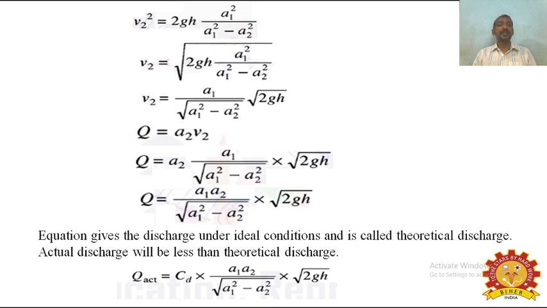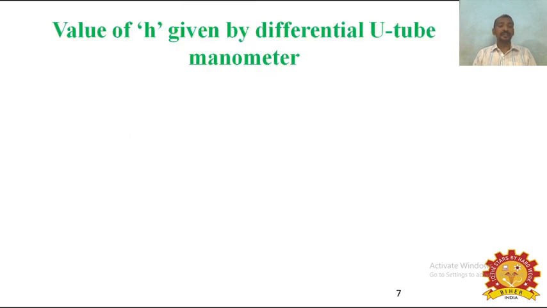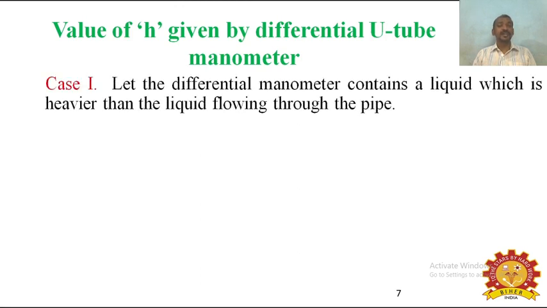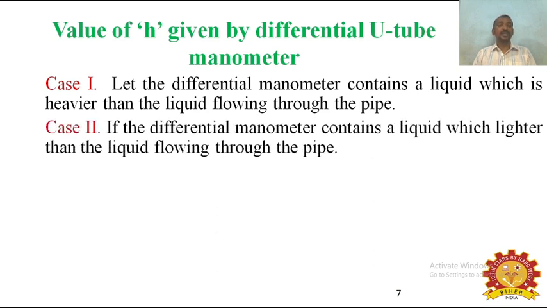It has 4 conditions: case 1, case 2, case 3 and case 4. All the conditions are different. First we discuss case 1: the differential manometer contains a liquid which is heavier than the liquid flowing through the pipe. Then case 2: the differential manometer contains a liquid which is lighter than the liquid flowing through the pipe.